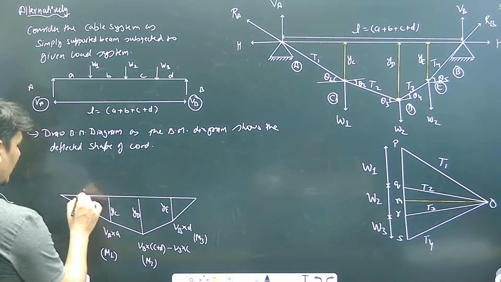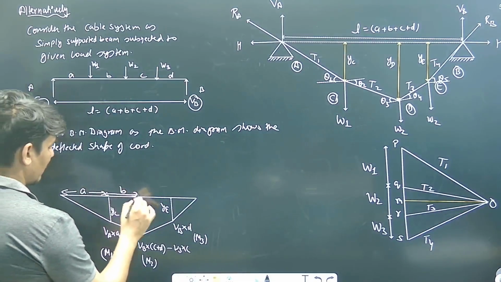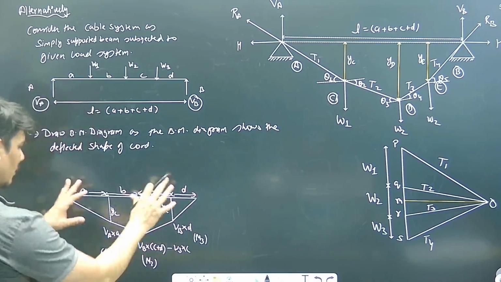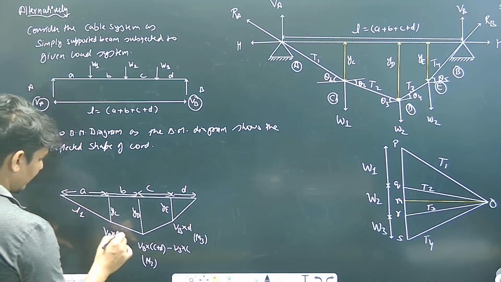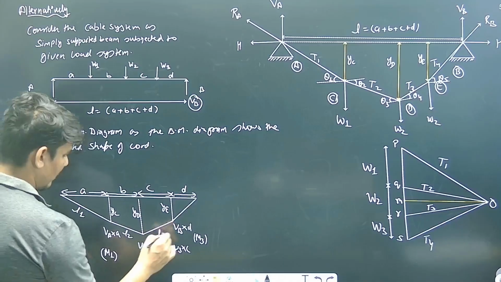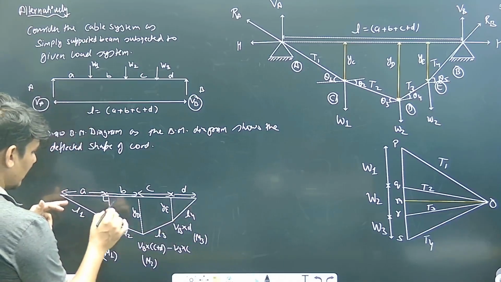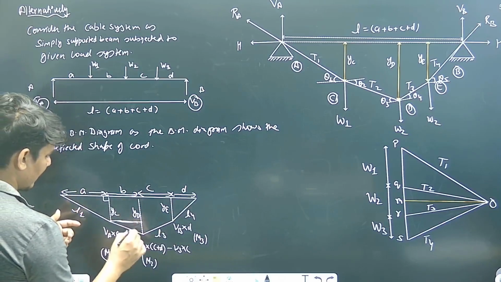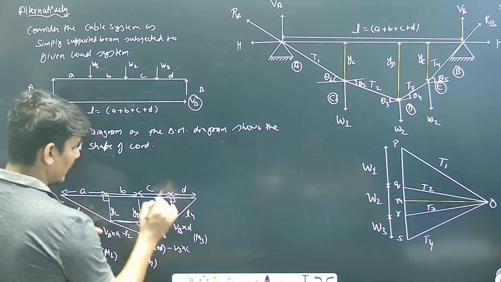Obviously you already know this distance is A, this is B, this is C, and this is D. That is known to you. I want these lengths L1, L2, L3, and L4. Again, these are nothing but 90-degree angles. See here, 90 degree, 90 degree, 90 degree.